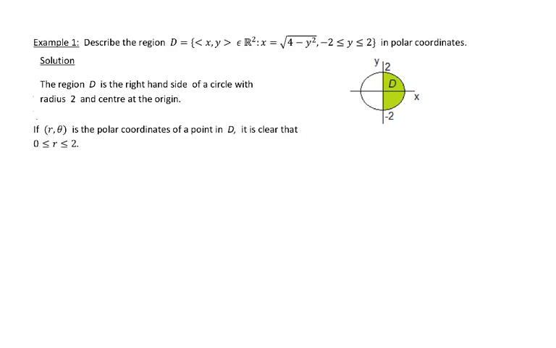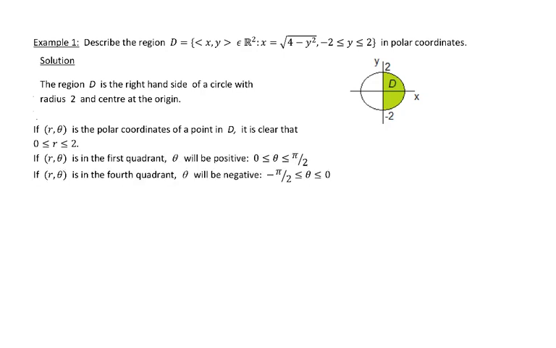If r, theta is the polar coordinates of a point in D, it is clear that r must lie between 0 and 2. This is because the distance from any point in D to the origin cannot be greater than 2. If the point lies in the first quadrant, theta will be positive, and it is clear that it will lie between 0 and pi over 2.